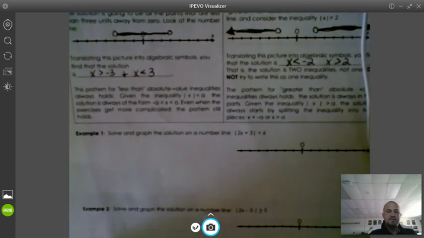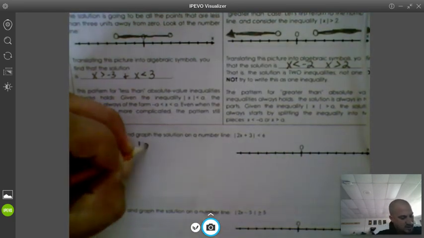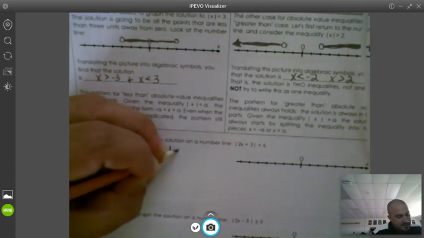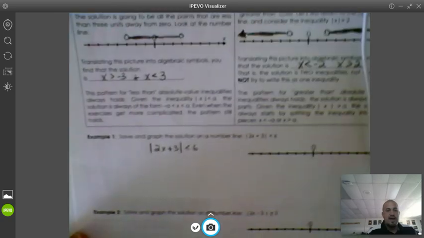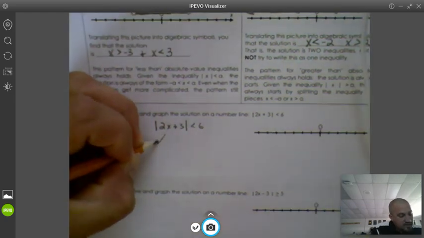Now, let's go to example 1. We want to solve and graph the solution on a number line of the absolute value of 2x plus 3 is less than 6. So first, I'm going to write this. When I have the absolute value isolated by itself, then I can split it up into two inequalities.